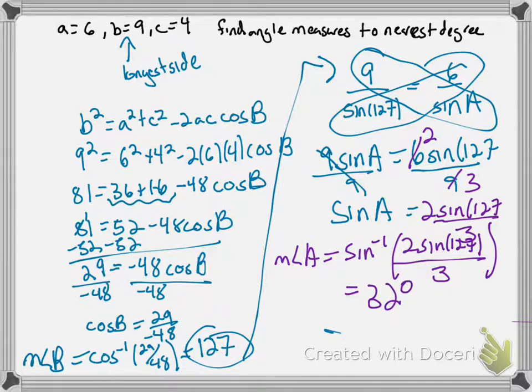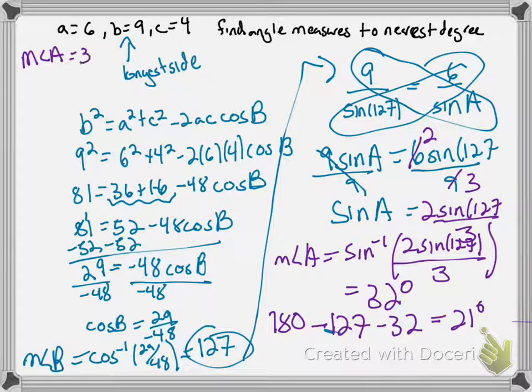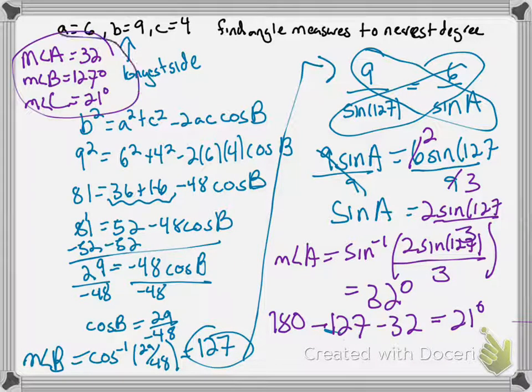So to find my other angle, I had to do 180 minus 127 minus 32, which gives me 21 degrees. So I'm going to go up here. The measure of angle A is 32 degrees. The measure of angle B is 127 degrees. The measure of angle C, 21 degrees. Yay!